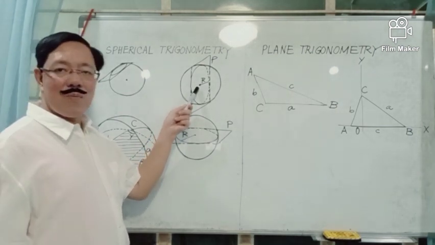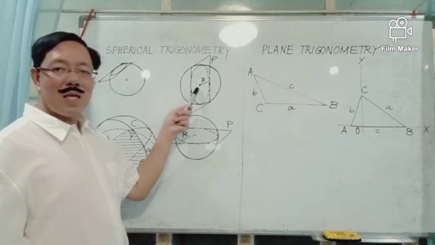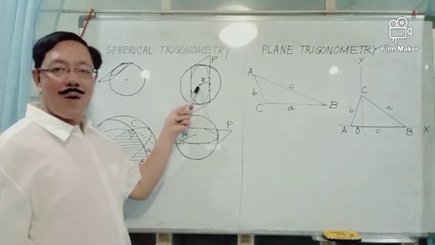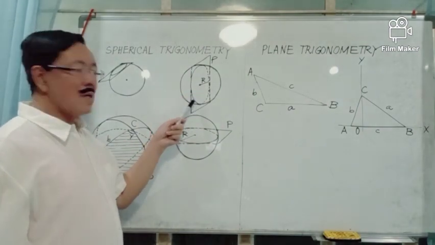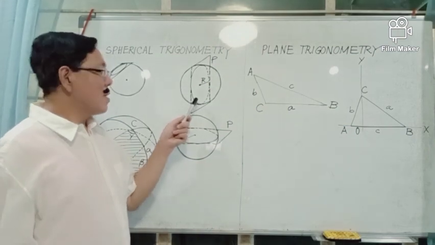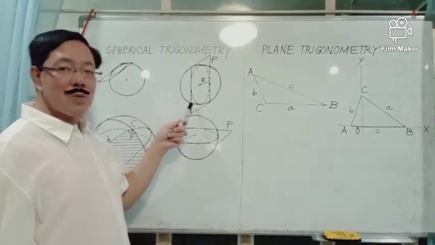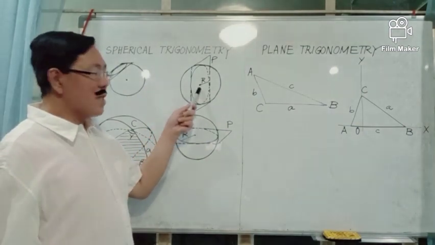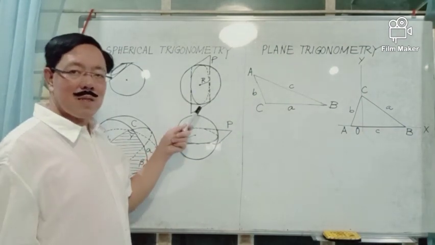And the radius of this circle is equal to the radius of the sphere. And this circle is what is called a great circle. It is the intersection of the plane that passes through the center of the sphere and the sphere.